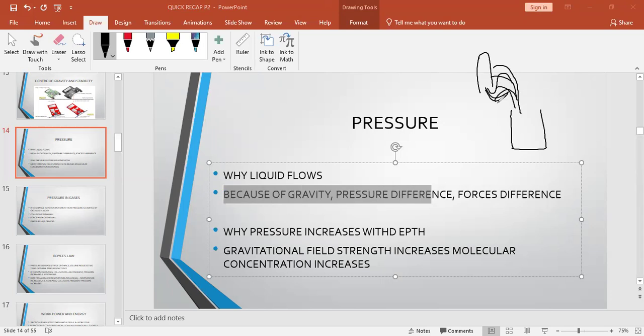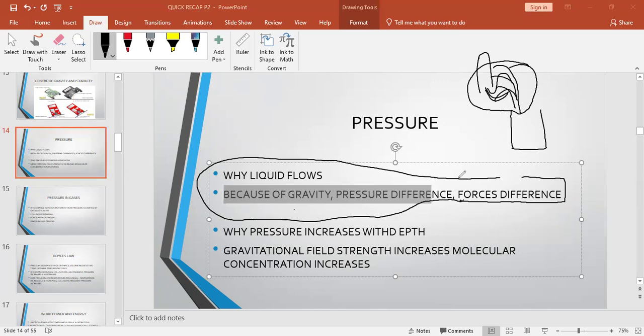So when they are asking why the liquid flows or why the water starts flowing into the beaker, the answer is this is because of gravity which is pulling the liquid down, or the pressure difference, high pressure to low pressure, and the force is different. So this is your answer. Okay.